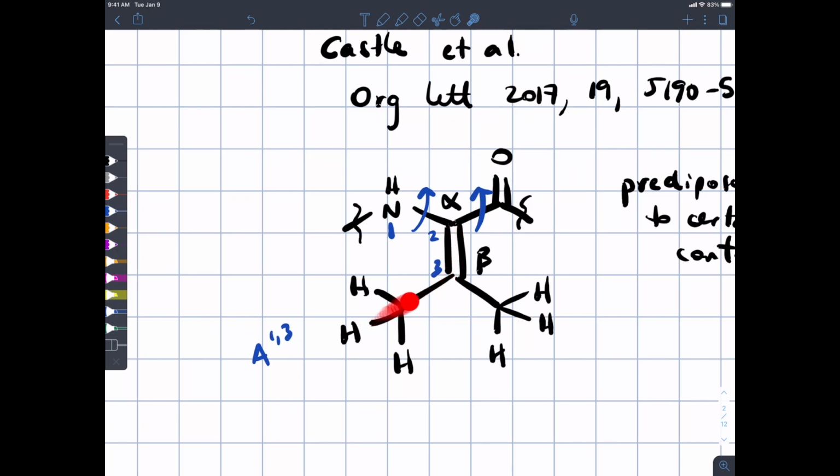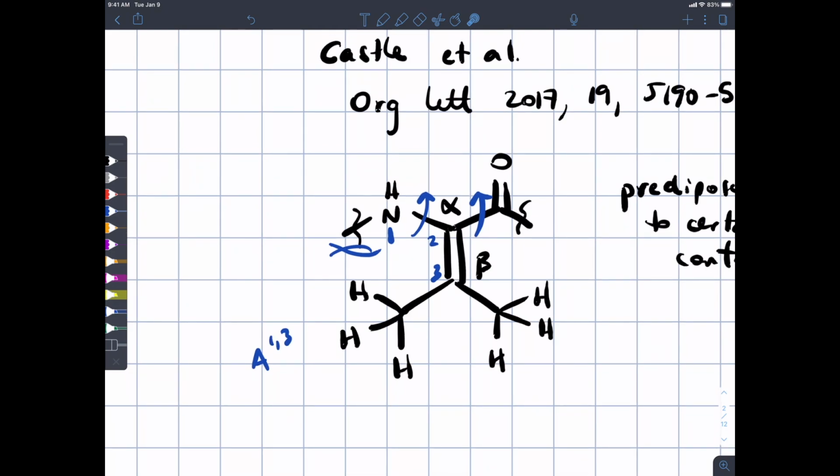So the substituent on carbon-3 can smash into the groups on carbon-1, like the proton or like this other group. And that steric clash between those two groups restricts the freedom that these amino acids have. I didn't really explain that very well.